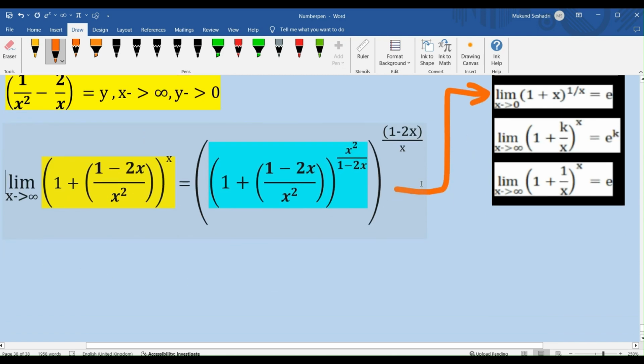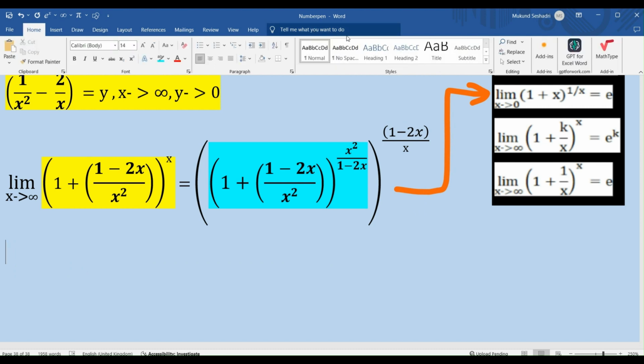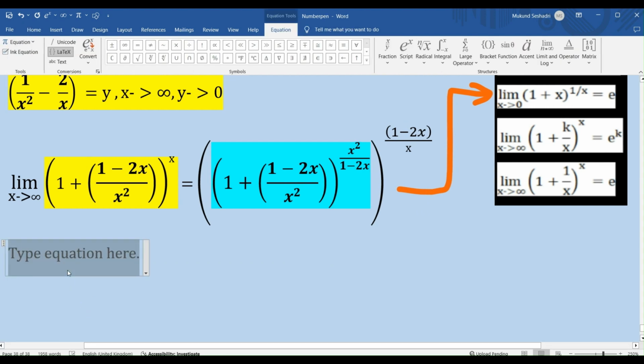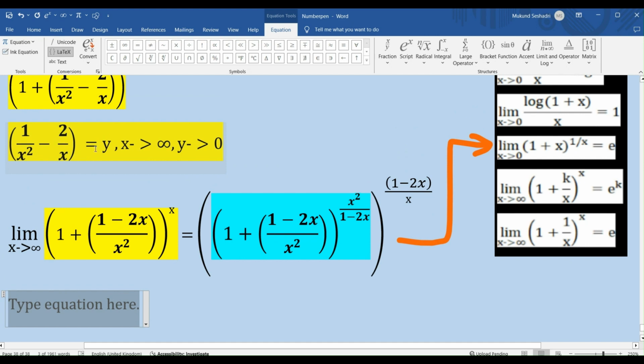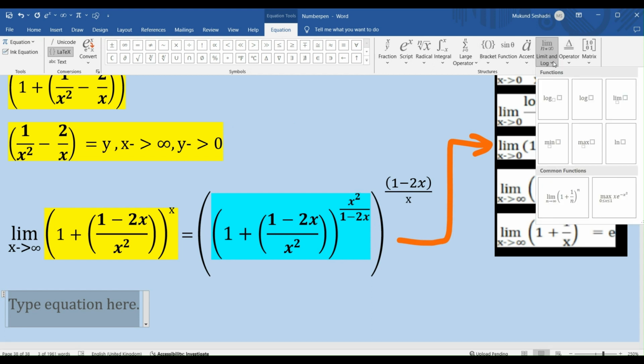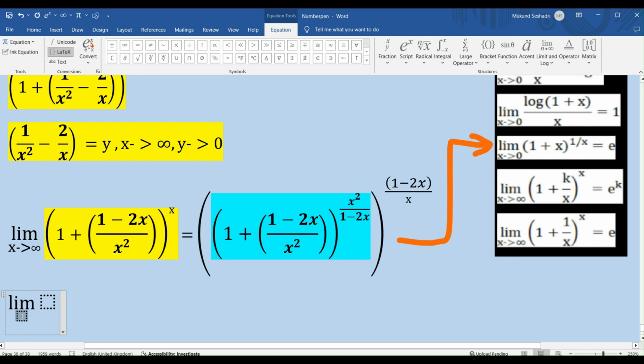And if I'm going to treat these limits separately, maybe we can rewrite this in the next step here. If I do the substitution here, like what we did, 1 by x square minus 2 by x, if I assume that equals y, I can rewrite the limit like this: y tends to 0, and we have the new expression as (1 plus y) the whole power 1 by y.